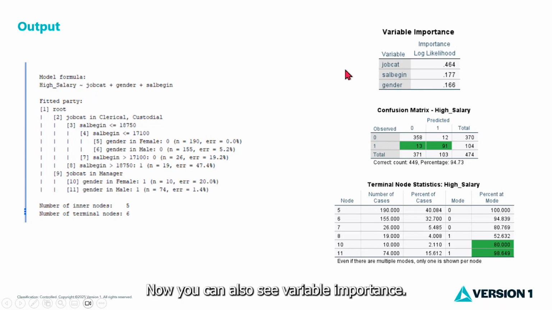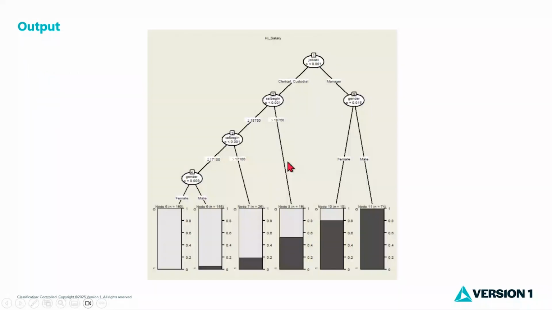Now, you can also see variable importance, the confusion matrix, and terminal node statistics. And if we look at nodes 10 and 11, you can see there's a high percentage of high earners in these 2 nodes. And here we have the tree. So the first split is on job category, clerical and custodial on one side, manager on the other.